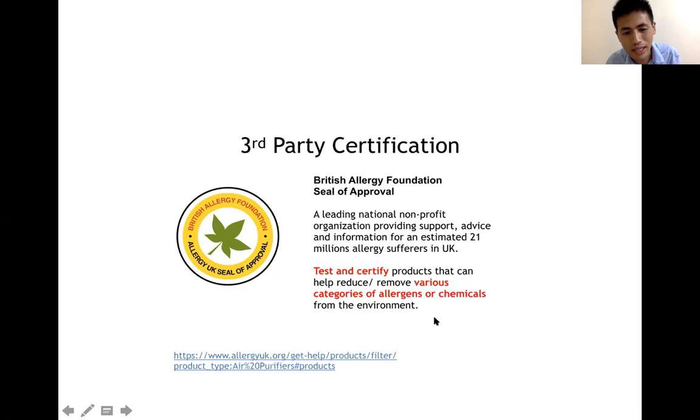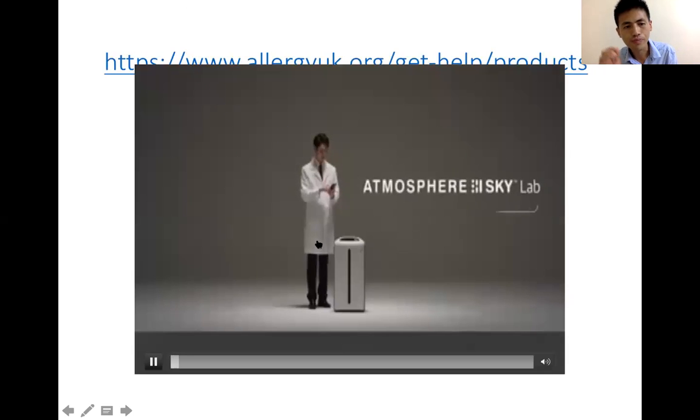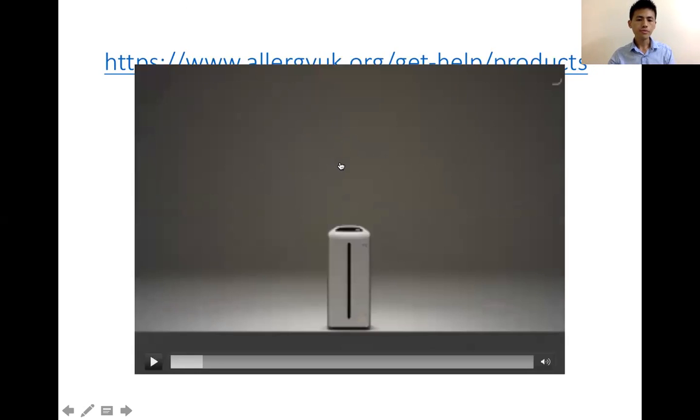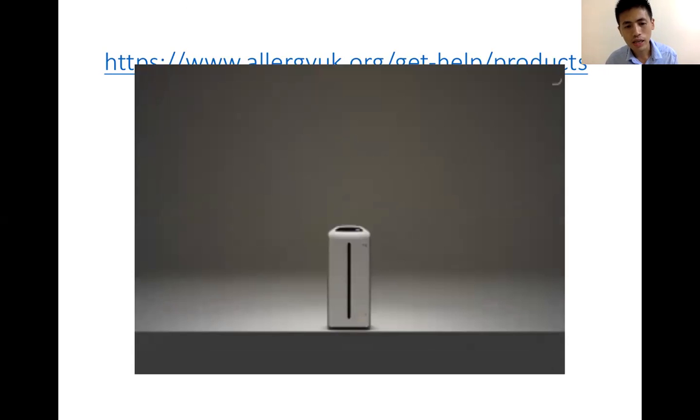So if you look at this third party, allergyuk.org, you can actually try out to go to this link on your handphone. Sky Lab, Episode 4, British Allergy Foundation. So this is a UK allergy organization. They actually list out 27 models in the market that can help to reduce allergens, that can help in fighting allergy disorder.